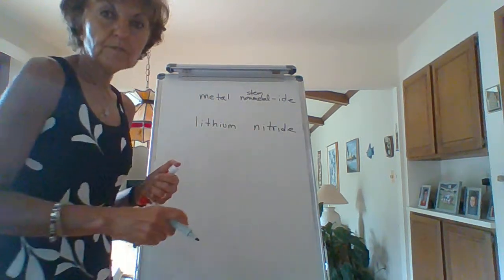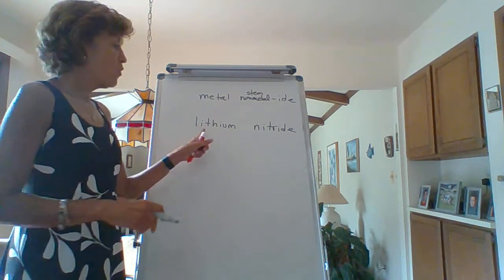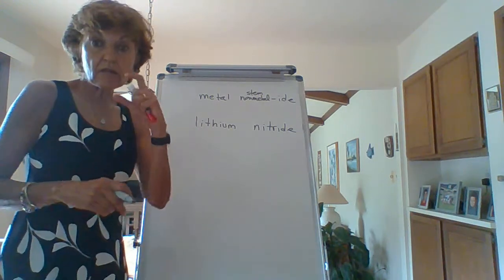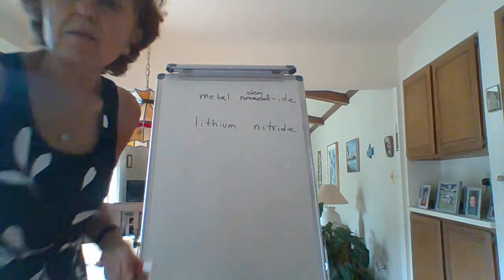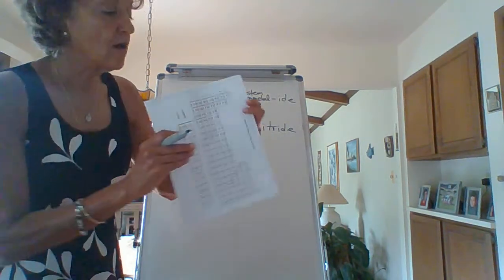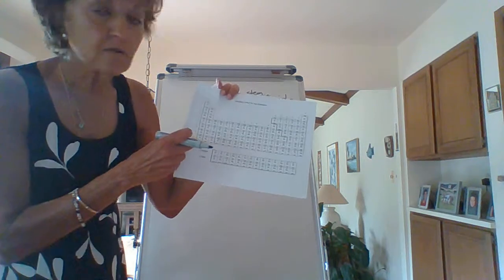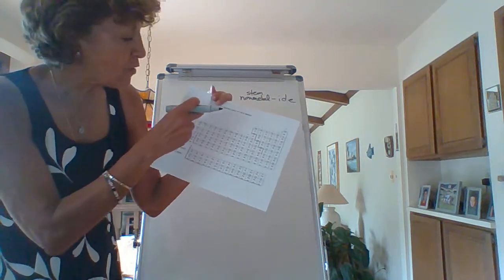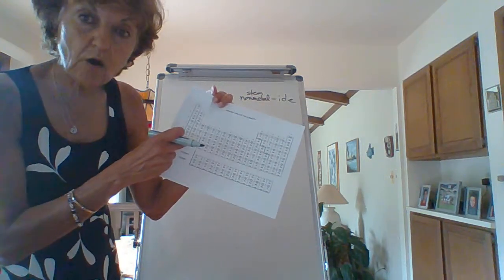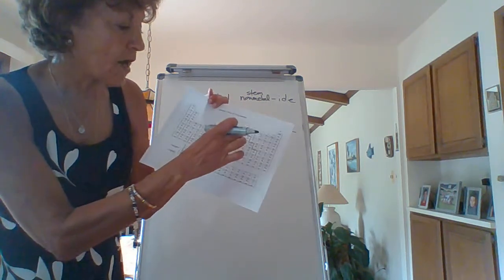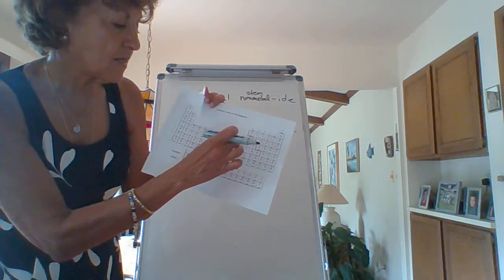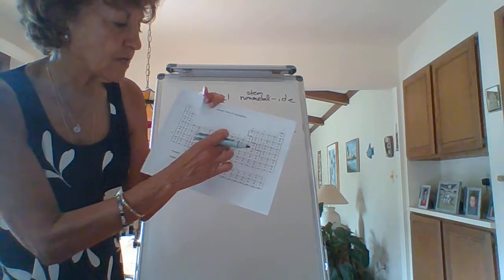All right, so this is what we're going to do. Write down the lithium with its charge. How are you supposed to know the charge of lithium? Remember how we said group 1A metals are always +1, group 2A metals are always +2. And then we said the other fixed ones are aluminum, gallium, zinc, cadmium, silver.